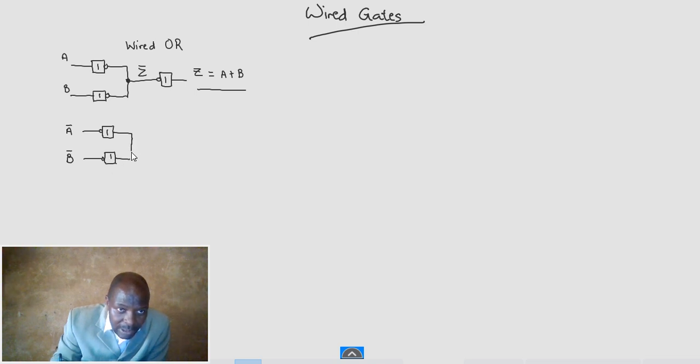If we did this, what do we have? We have a scenario where we don't have A, B as the inputs. A and B are now here. Okay, but we started off with not A, not B.